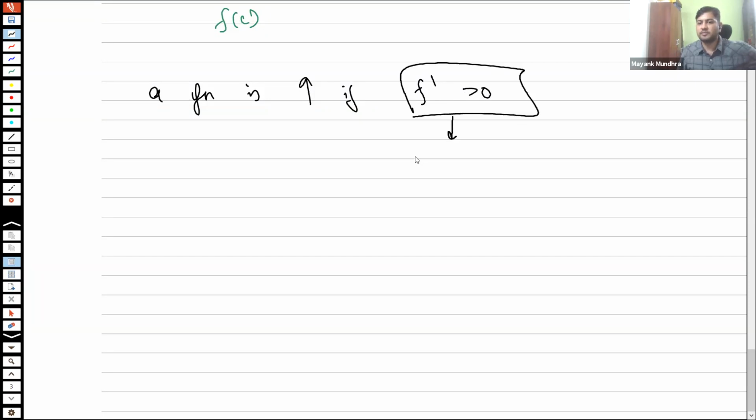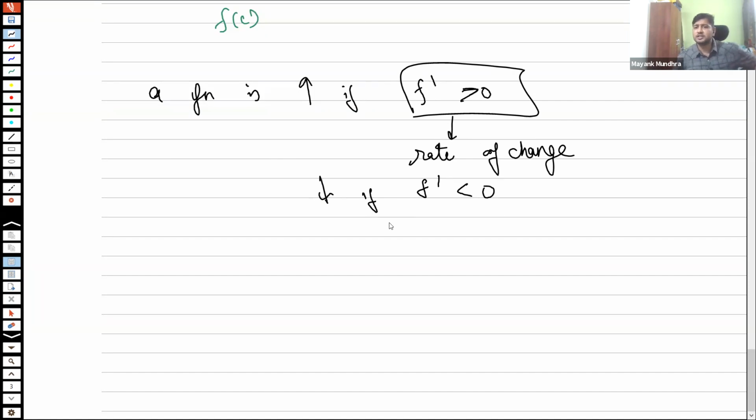Like I told you, f prime is the rate of change, right? So if the rate of change is positive, you have an increasing function, and it is decreasing if f prime is negative. If f prime is positive, the function is increasing. If f prime is negative, the function is decreasing.